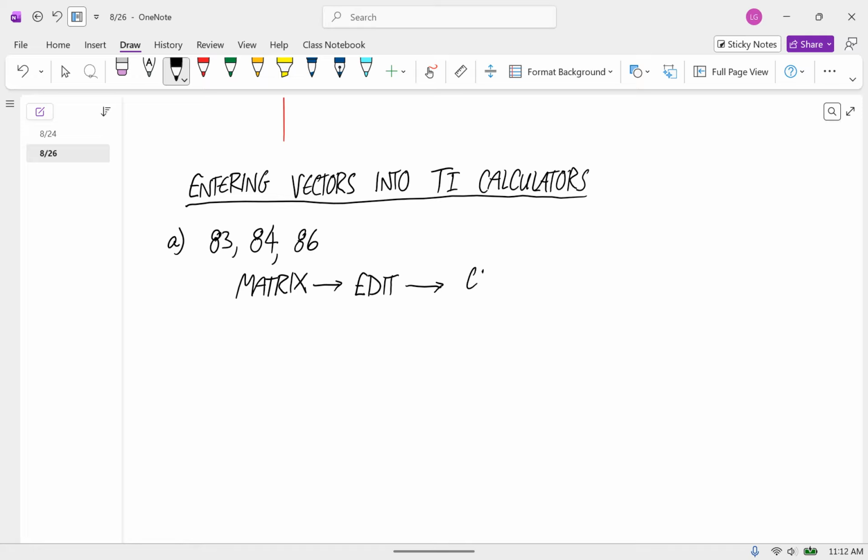Then choose your dimension. Remember, we're doing these as column matrices, so you would choose either 2 by 1 or 3 by 1. And then you enter the values, and then you have it in the calculator.